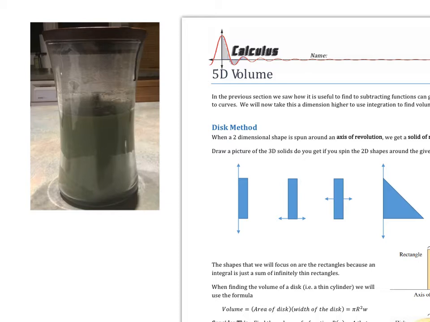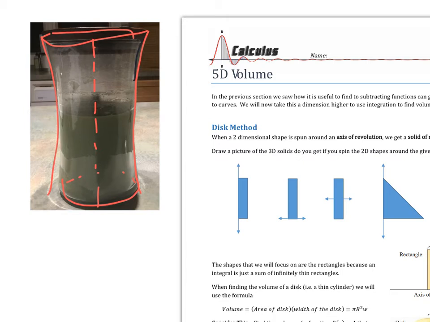That curve has been rotated around an axis, and when we spin it around, we get this candle shape. And this glass curved container.